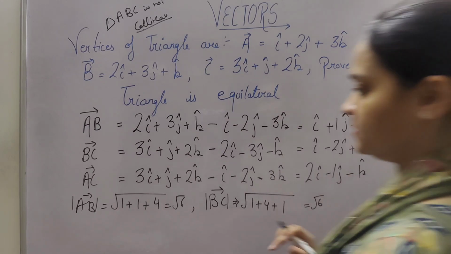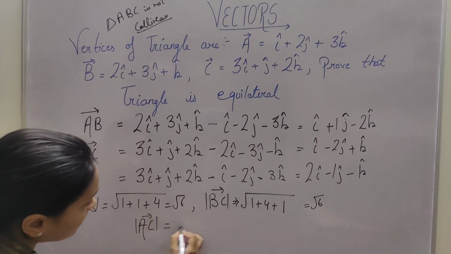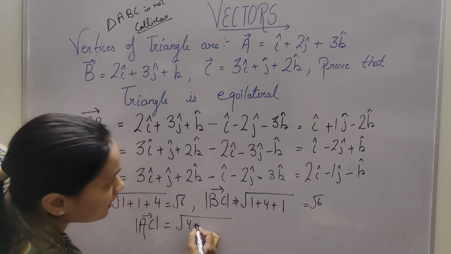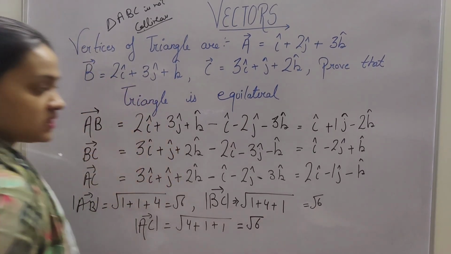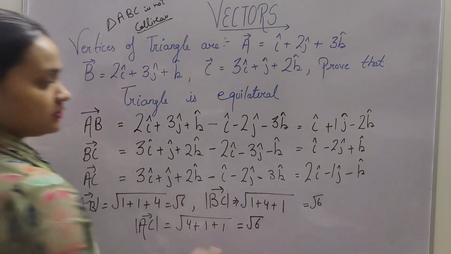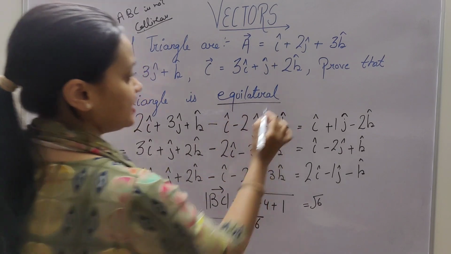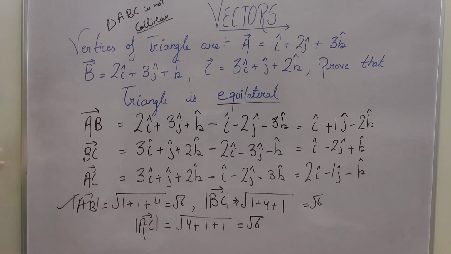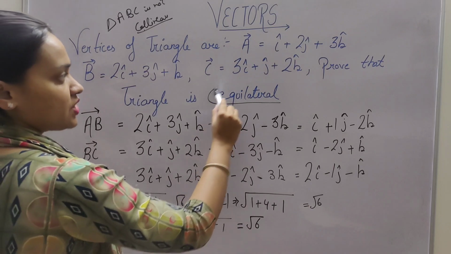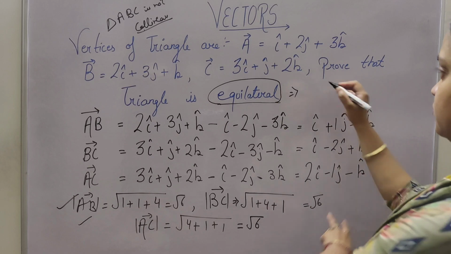Now we calculate it on AC: root of 4, 1 and 1. The value comes root 6. Since all three values are the same, we can say that triangle ABC is an equilateral triangle, because all the magnitudes we have taken are the same.